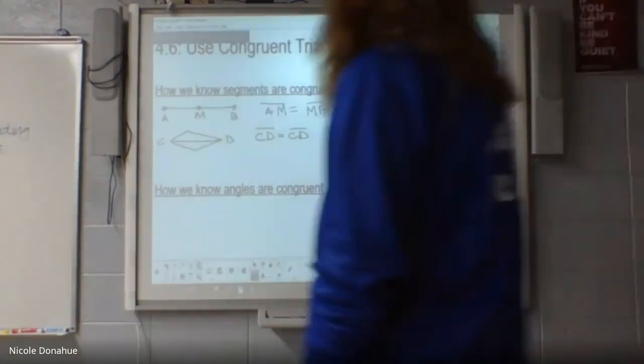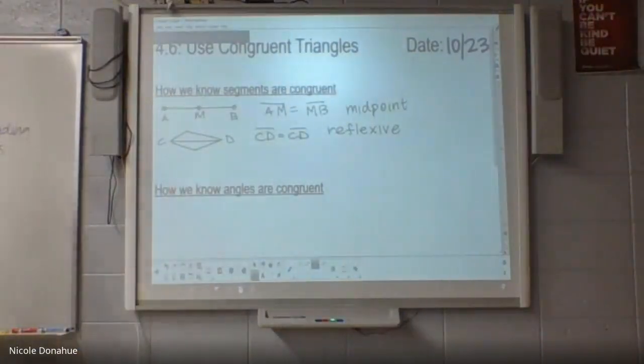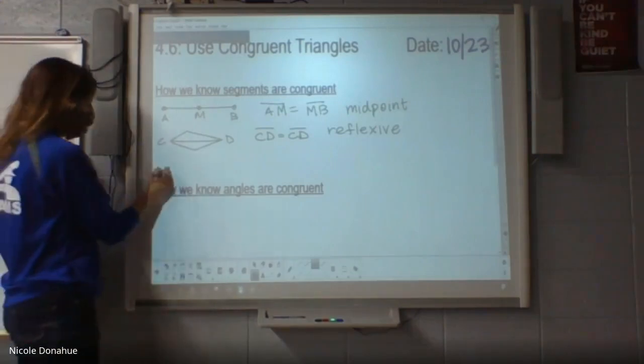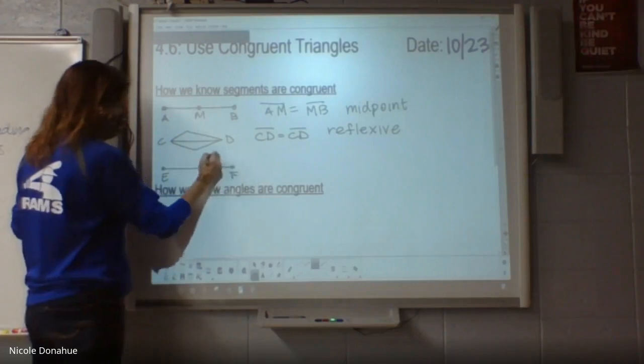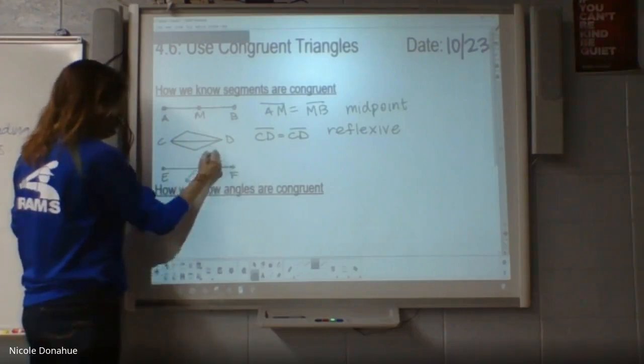And probably the other one with segments being congruent, other than them being given, is a segment bisector. So that's if I have a line and it's bisected by another line.